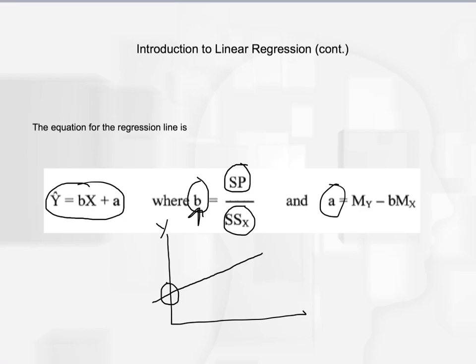To determine a, we take the mean of y, which you computed when you were doing the correlation, and we subtract from it b, which you computed there, times the mean of x. Multiply b times the mean of x, subtract that value from the mean of y, and you will get the y-intercept.